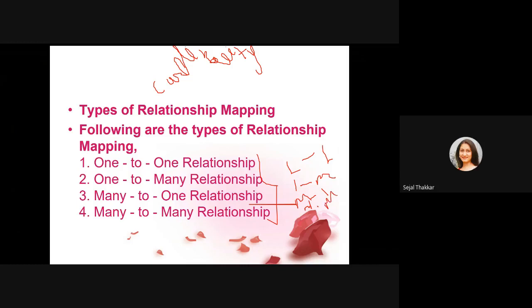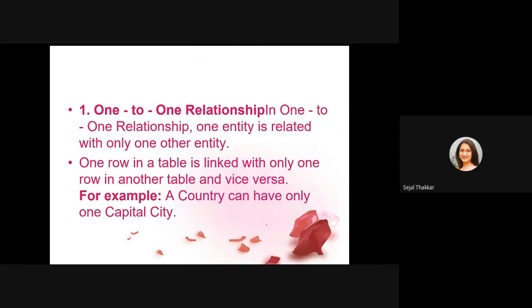So these are the four types of relationship. The symbols vary from diagram to diagram, but we have to remember this notation for the relationship.